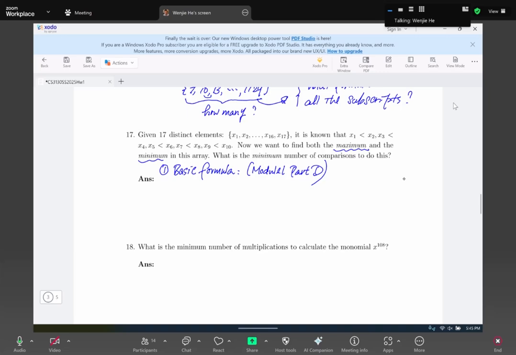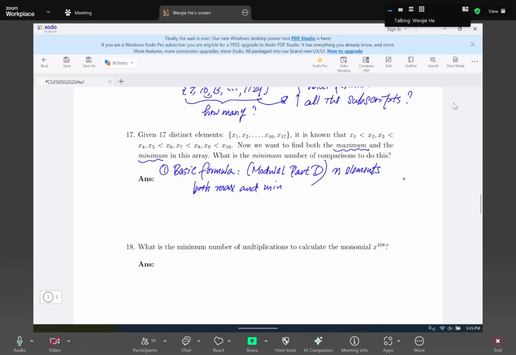Given n elements, total n elements, we find both maximum and minimum, we have a formula. Remember, we spent a lot of time to derive that formula, right?